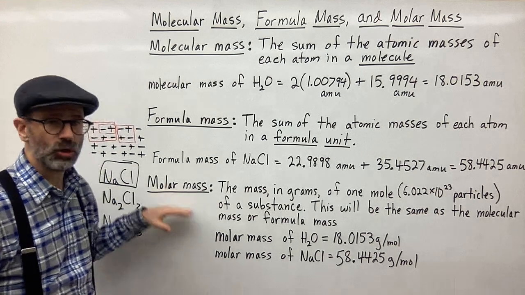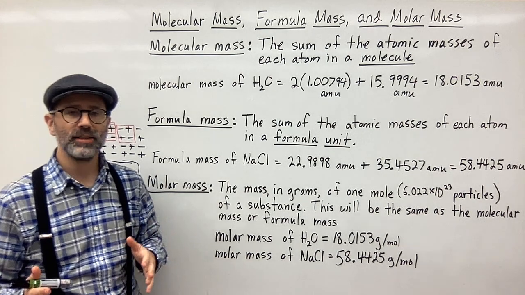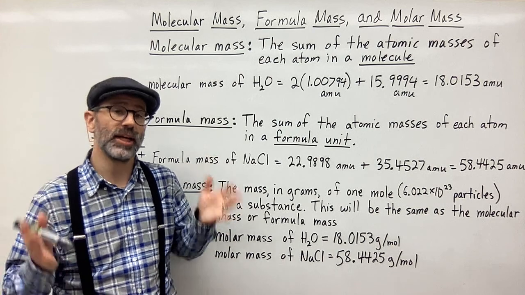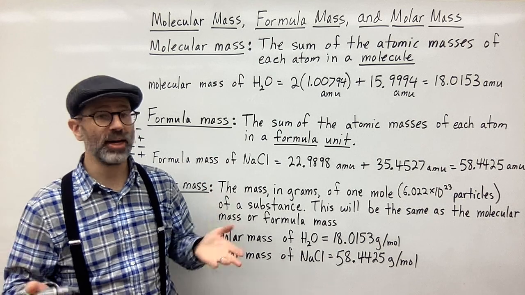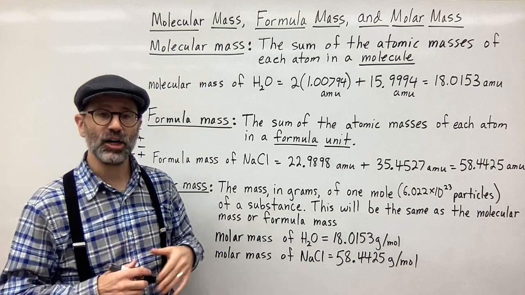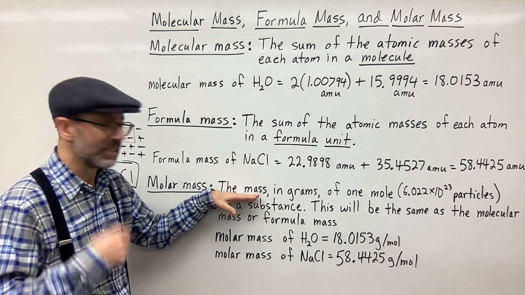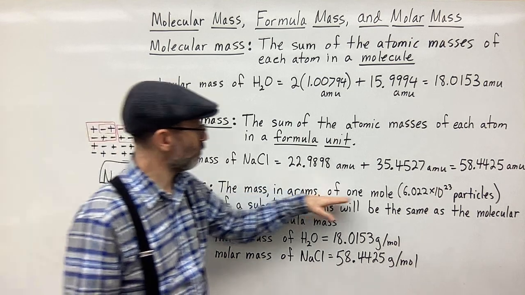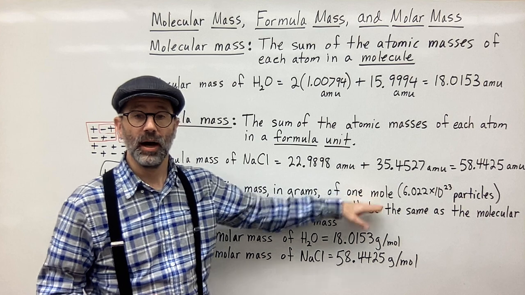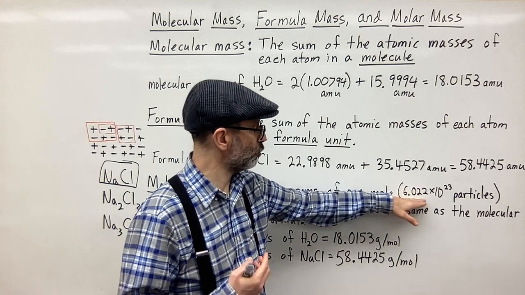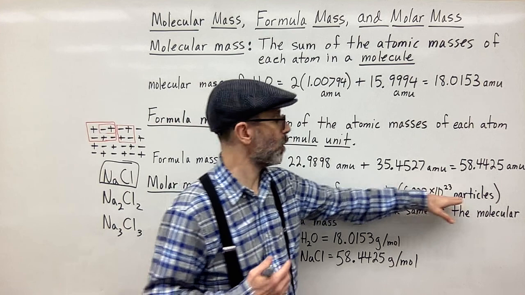Now, what about molar mass? Well, molar mass is basically the same as formula mass or molecular mass, but in grams. So here, the definition of molar mass is that it's the mass in grams of 1 mole. And again, remember, a mole is 6.022 times 10 to the 23rd particles.